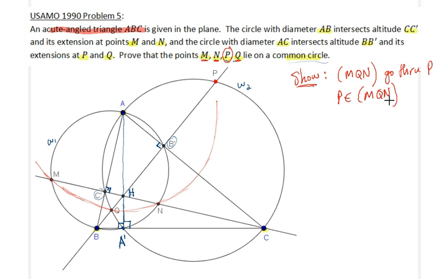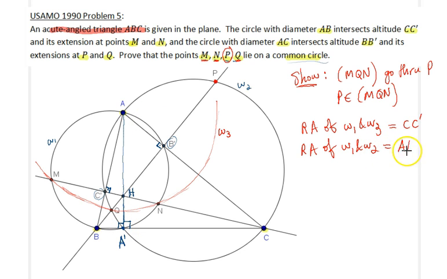Why is that? So notice that this red circle, the circumcircle of MQN, let me call it omega 3 here. So the radical axis of omega 1 and omega 3 is simply line segment MN, or if you will, line CC prime. In a similar way, we also know that the radical axis of omega 1 and omega 2 was simply AA prime, this altitude there.